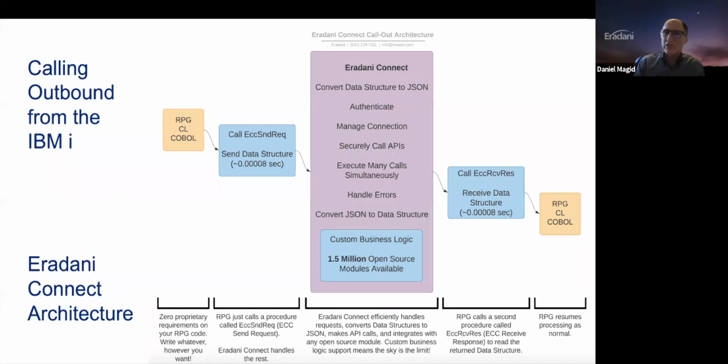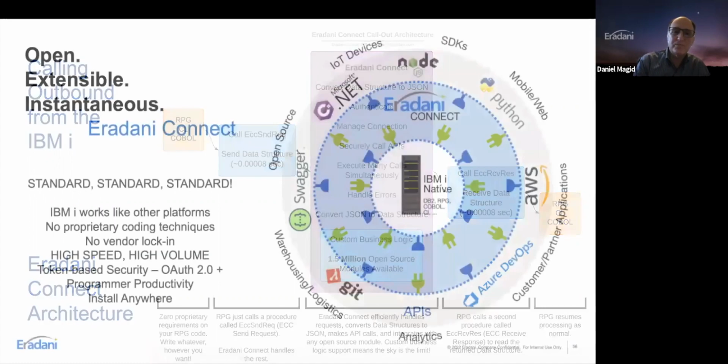So if the web service isn't available, we'll queue up those requests and then send them out. Then we'll bring the data back and hand it back to you as RPG data structures, DB2 data, or parameter data. So as an RPG programmer, you don't have to worry about all the things you have to do to call a web service. The Eradani Connect server will handle that for you.